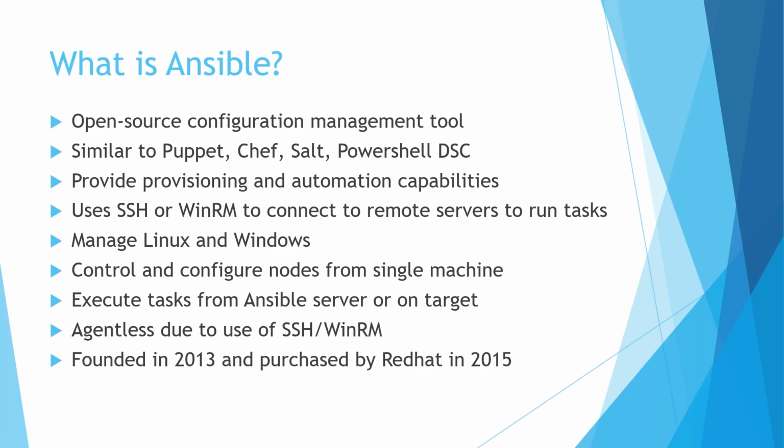Unlike some competing products, Ansible can be used to manage both Linux and Windows, using SSH or WinRM to connect to the remote servers and to run tasks. You can use a single machine to control and configure hundreds upon hundreds of nodes.